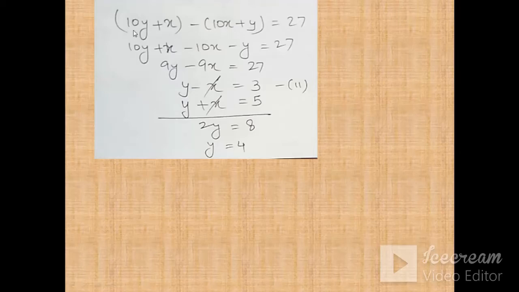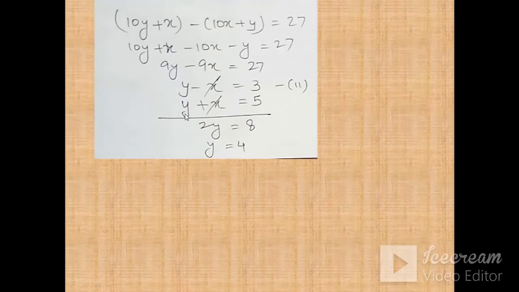So this is our old number and now it is reduced to 27, so old number minus new number is 27. So now when you solve, you will get 10y plus x minus 10x minus y equal to 27, or 9y minus 9x equal to 27. Now I will take 9 as common, so I will get y minus x equal to 3.